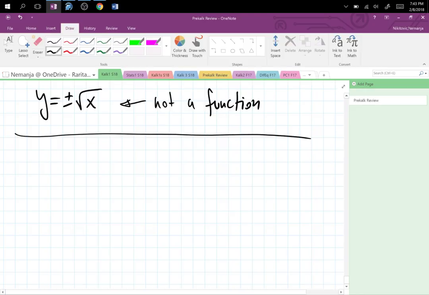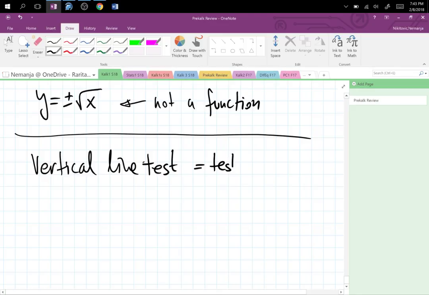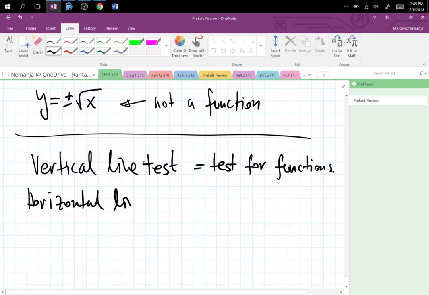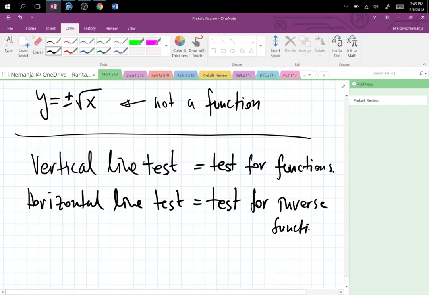So vertical line test equals test for functions in a visual domain. Horizontal line test equals test for inverse functions.